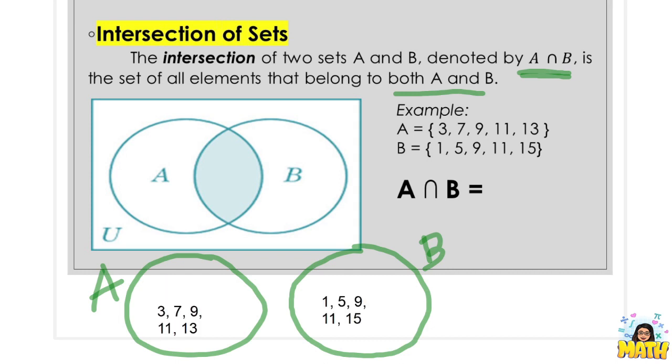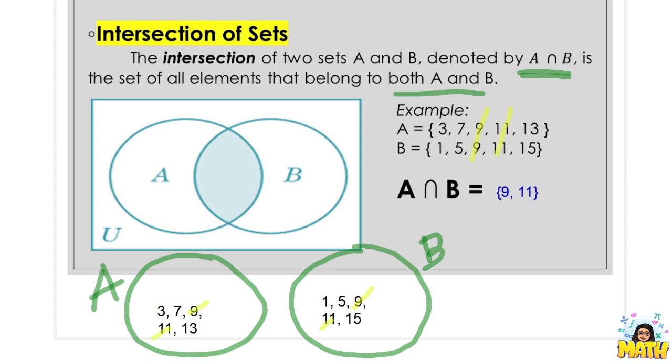Now, dito, when we say intersection, ano yung elements that belong to both A and B? Meron si A, meron din si set B. Well, here we can see that set A has 9 and 11, meron din si set B. So here, we can say that set A and set B has the intersection of elements 9 and 11.